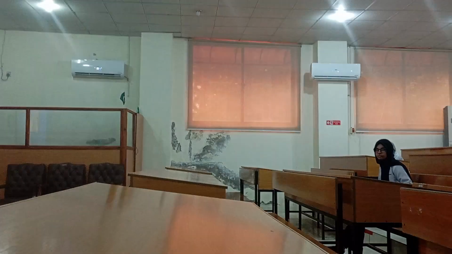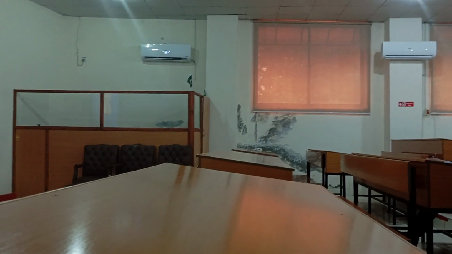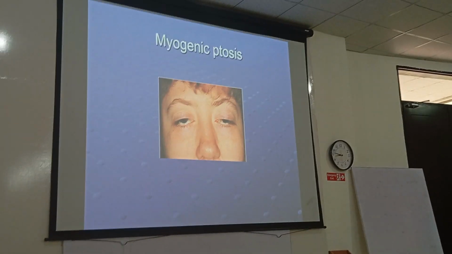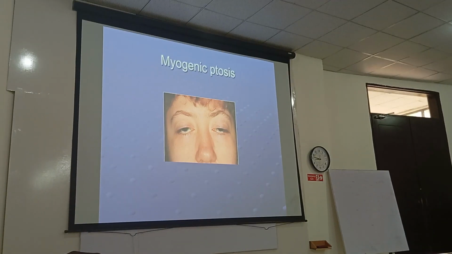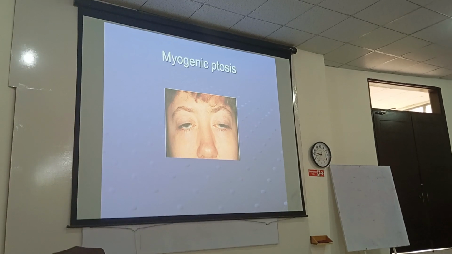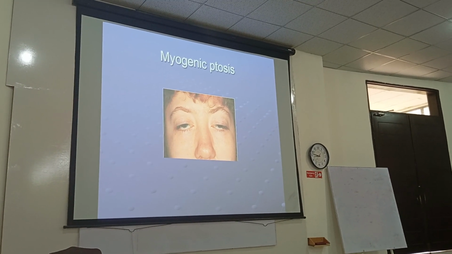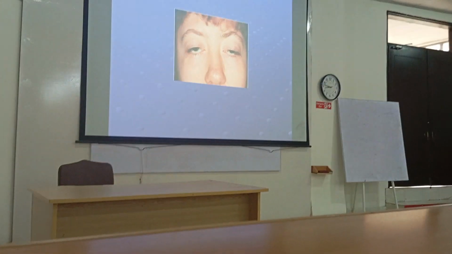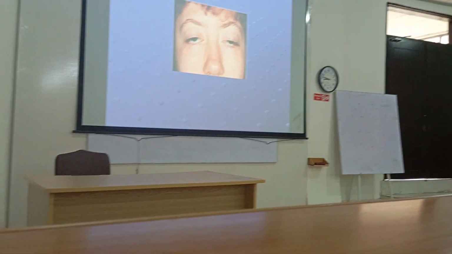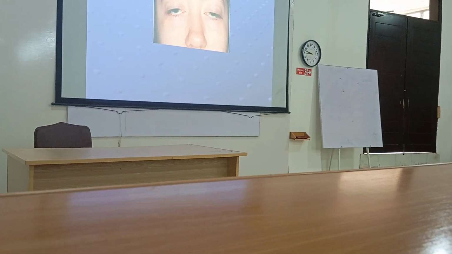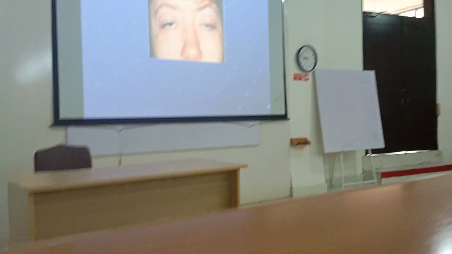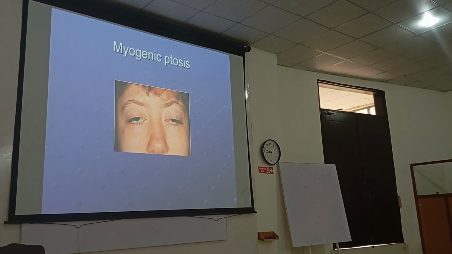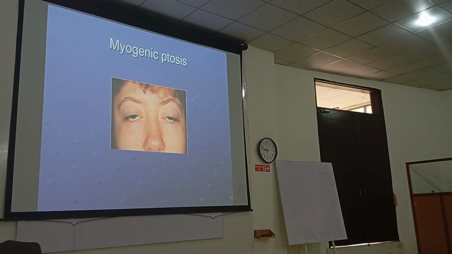I am expecting that you are trying to understand this lecture and drawing it. The levator originates from the orbital margin and comes down, with the orbicularis muscle like this, and it inserts on the tarsal plate. 90% of the fibers are inserted on the upper and anterior part of the tarsal plate, and they are responsible for the elevation of the upper eyelid.